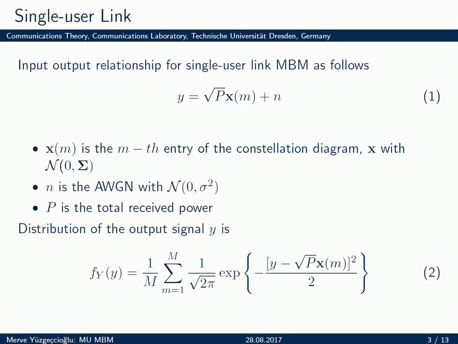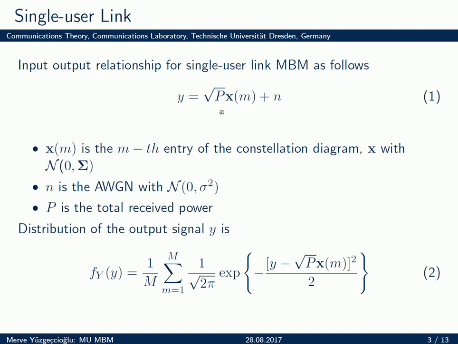So if we look into the single user link case, we have x_m, one of the channel realizations, and P is the total transmit power, N is the additive white Gaussian noise.